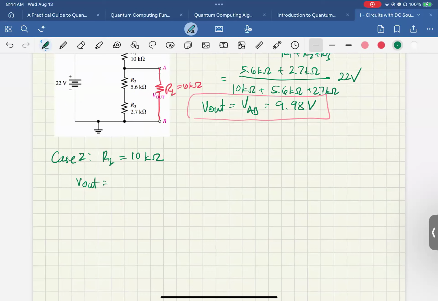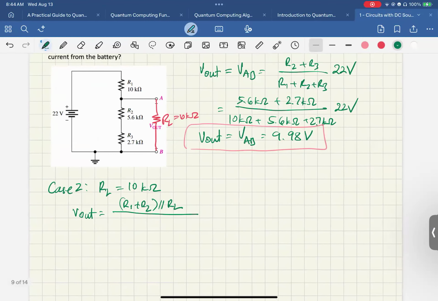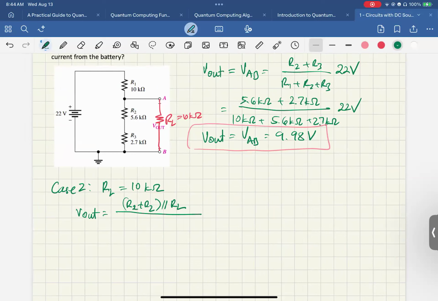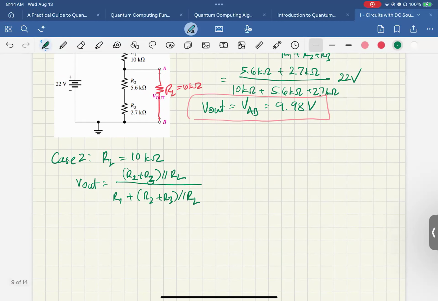Right? So ang output voltage natin ngayon is R2 plus R3 parallel to RL, divided by R1 plus R2 plus R3 parallel sa RL.